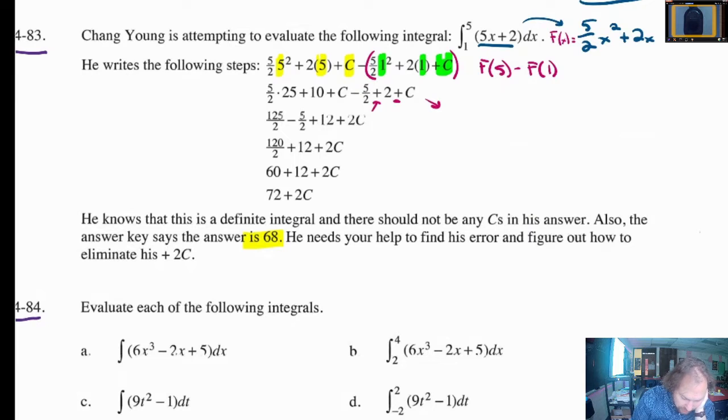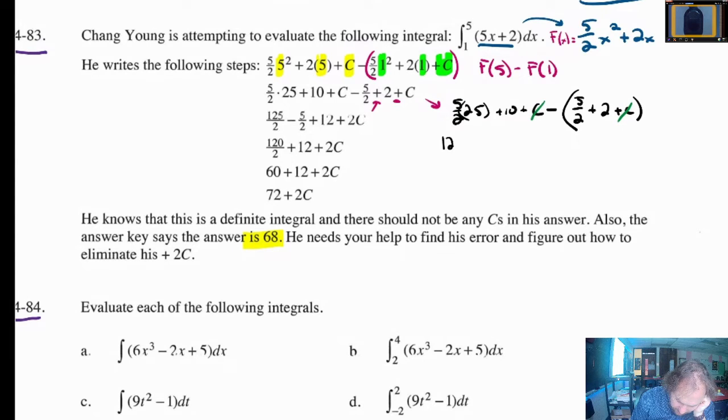So I think the correct step here would be 5 over 2 times 25 plus 10. That's correct, plus c. In the parentheses, he should be subtracting 5 over 2 times 1 plus 2 times 1 plus c. And what will happen is that everything will cancel out. The plus c's will cancel out at least. As far as this stuff goes, let's see.